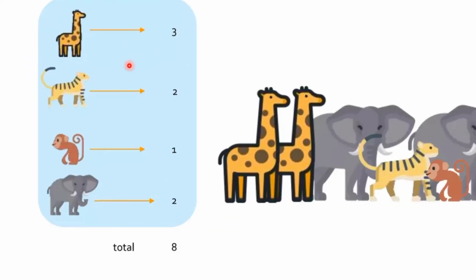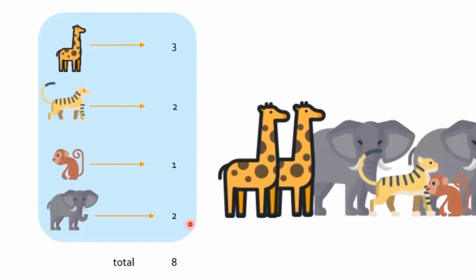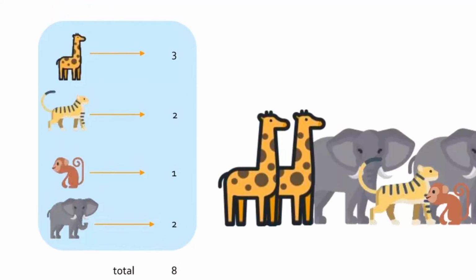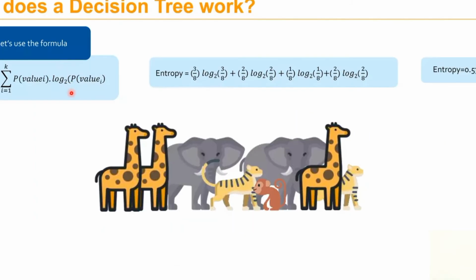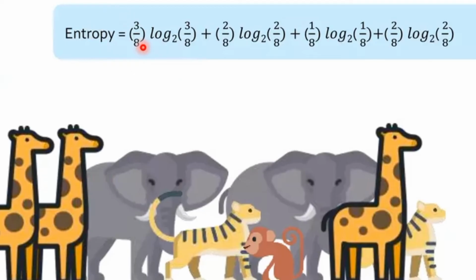Giraffe is taken as 3, tiger 2, monkey 1, elephant 2, so the total is 8. Use this entropy formula on our data set. 3 giraffes: 3 by 8 log base 2 of 3 by 8, plus 2 elephants: 2 by 8 log base 2 of 2 by 8, plus 1 monkey: 1 by 8 log base 2 of 1 by 8, then 2 tigers: 2 by 8 log base 2 of 2 by 8.